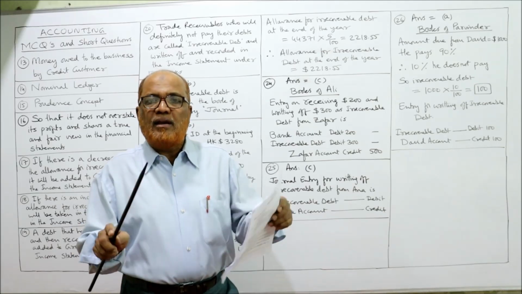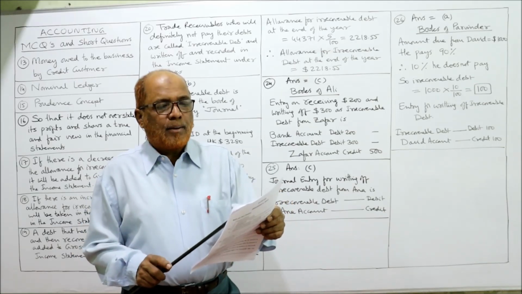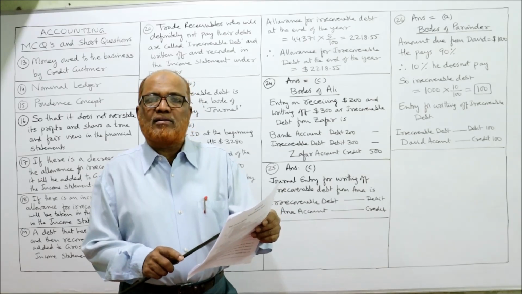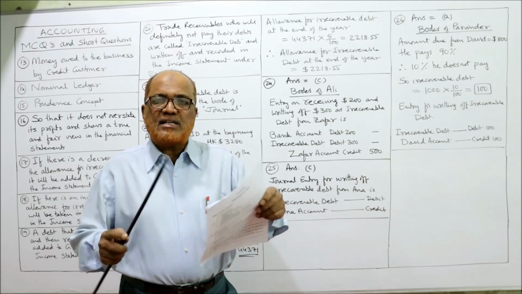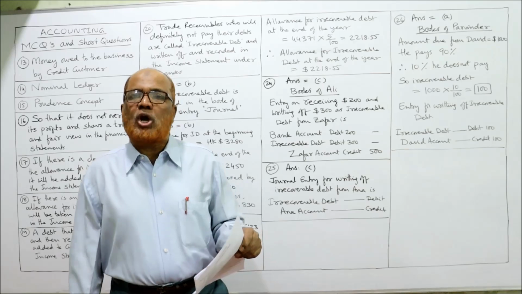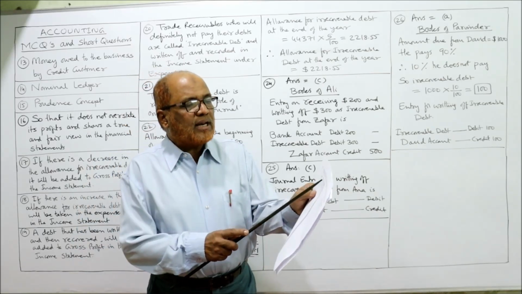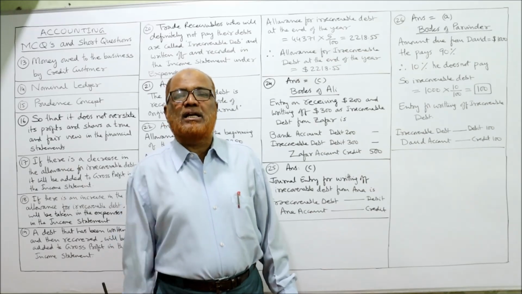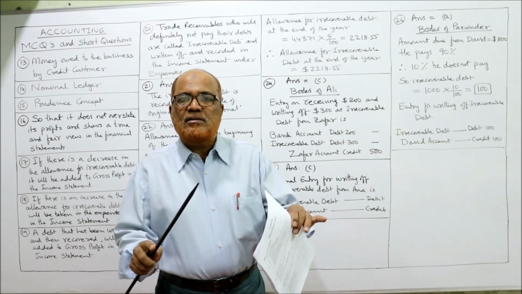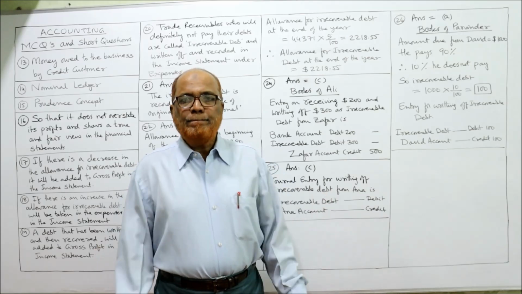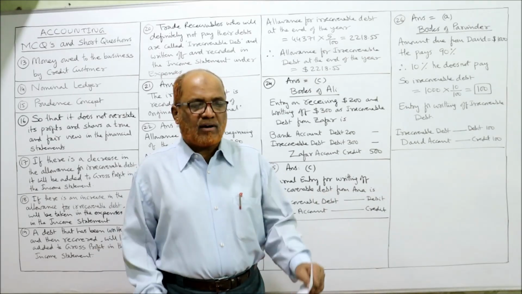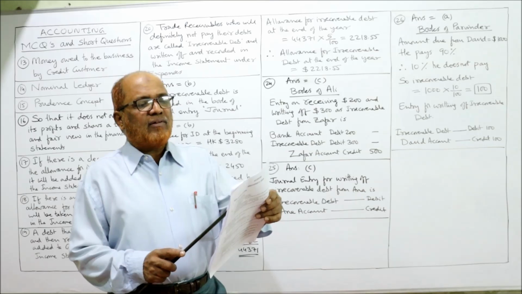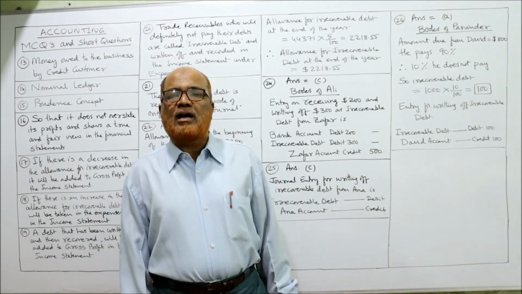David pays 90% of the debt, and Parvinder writes off the remaining debt. 90% he has paid, so 10% he has not paid. The total amount due is 1,000, and 10% of 1,000 is 100. So $100 is irrecoverable.